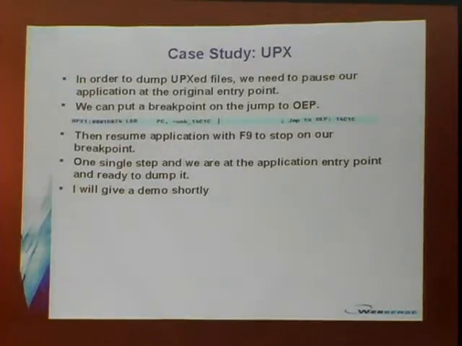And then you can just resume the application with F9 inside your debugger. You will stop just before the jump. Then you can single step once more, so you are right at the entry point of the completely unpacked application in memory, and then you can dump it. I will give you a demonstration shortly.